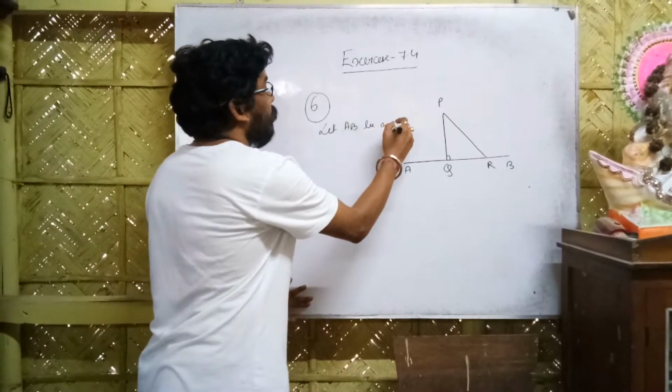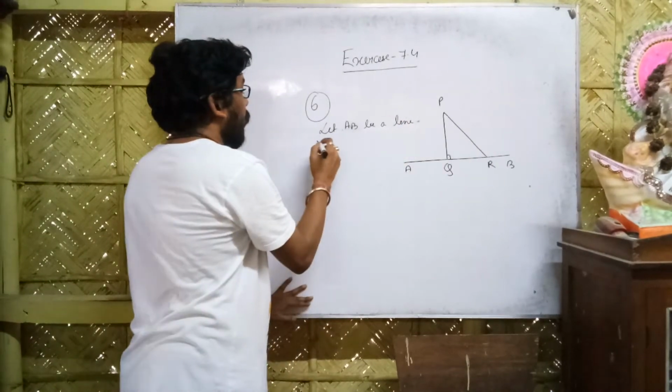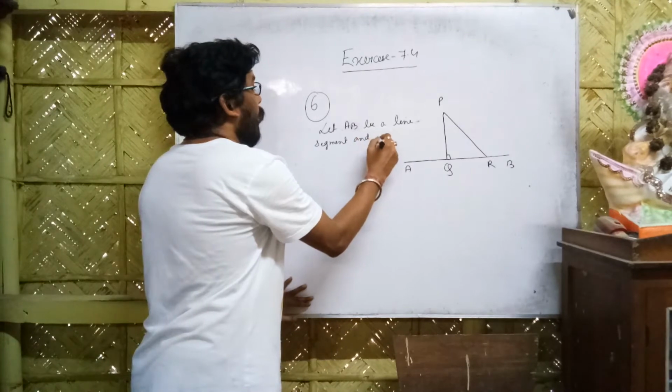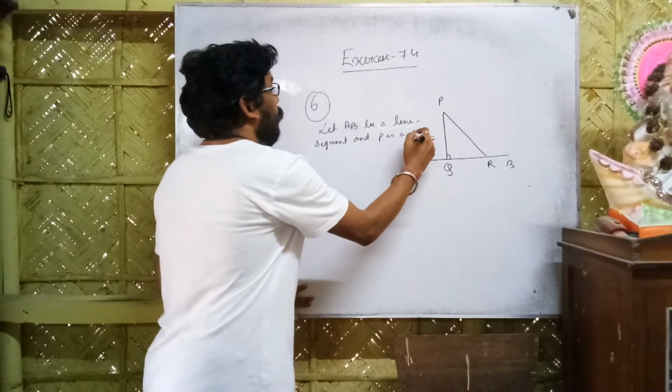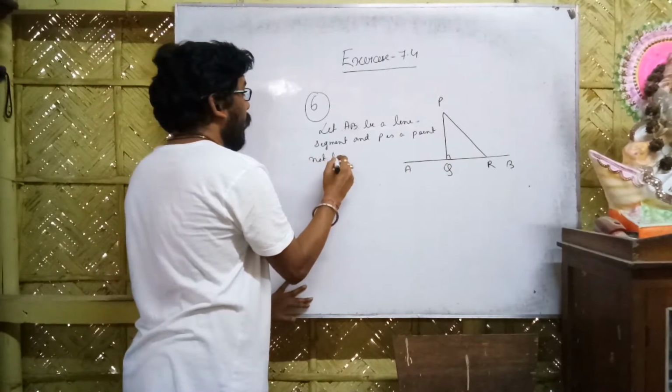Go on writing. Let AB be a line segment, and P is a point not lying on it.